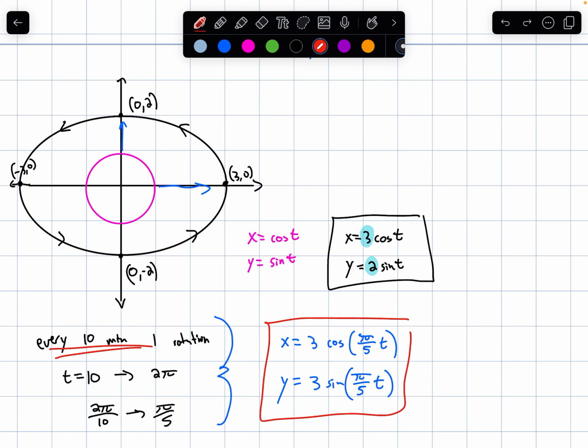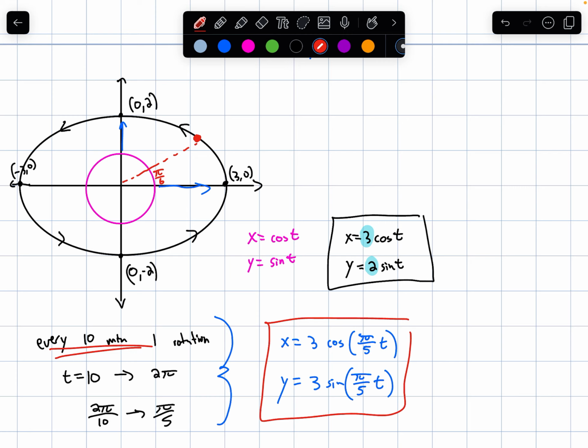Okay. The other thing I could do is I could change my starting position. So if I wanted to start like here, and let's say that corresponds to the angle, let's pretend that's pi over 6. Right?